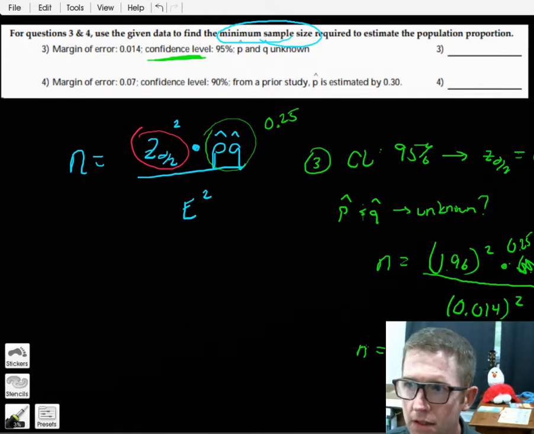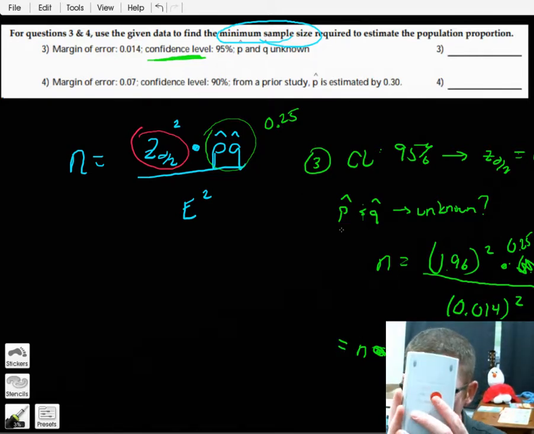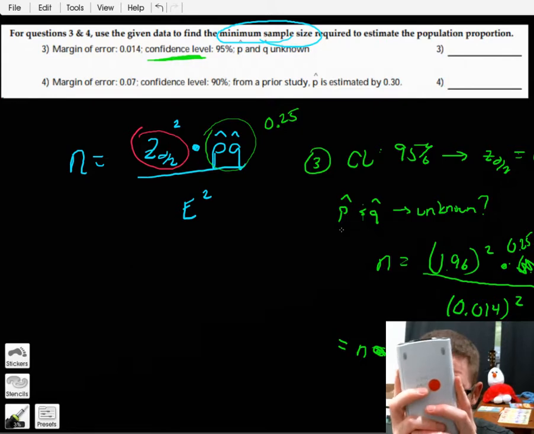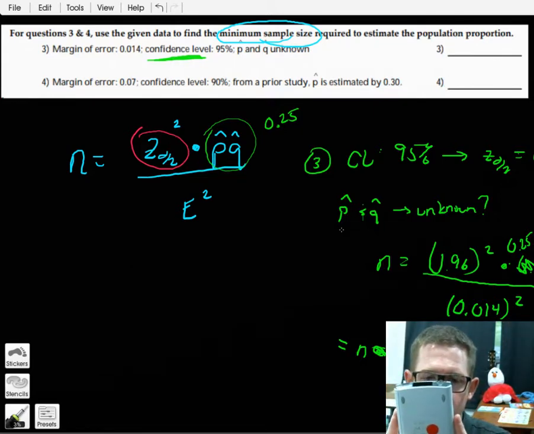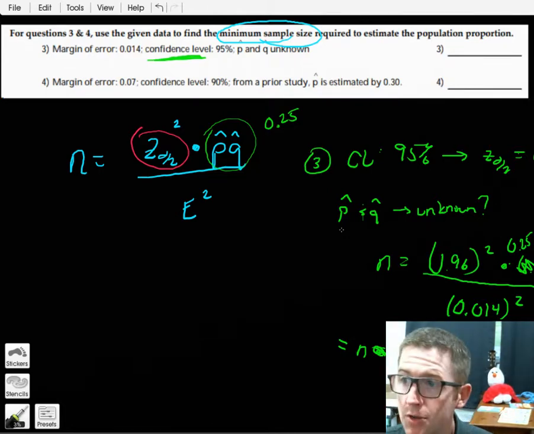So then n is going to equal, I guess I'll write it over here. So you go to the calculator. 1.96 squared times 0.25. Divide that by parentheses 0.014 squared. And I get 4,900.